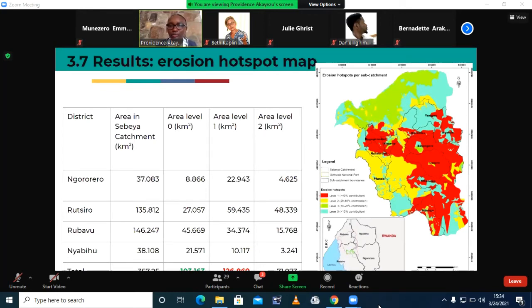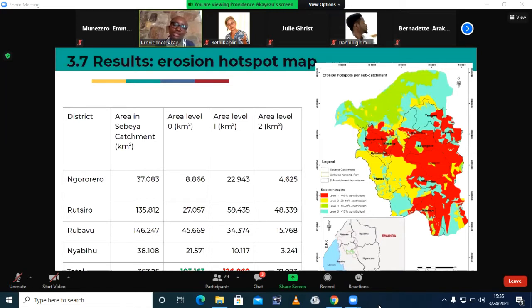You can see also the corresponding districts and the sub-catchments. And level 3 is a bit better, a friendly landscape. And level 0 is basically contributing a negligible amount of sediment load into the rivers. So as you can see, we have also related different colors to the districts, considering the district area and the catchment.